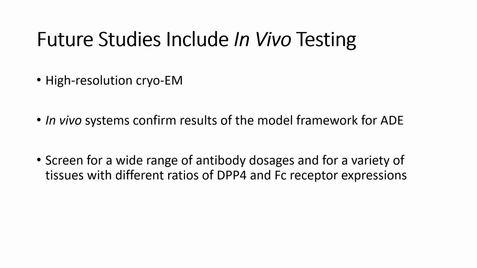And this was basically just to screen for a wide range of antibody dosages and also for a variety of tissues with different ratios of DPP4 and Fc receptor expressions, because a previous study showed that humanized versions of MERS monoclonal antibody efficiently protected human DPP4 transgenic mice from live MERS-CoV challenges, which suggested that the receptor-dependent pathway of MERS-CoV entry dominates over ADE in vivo.